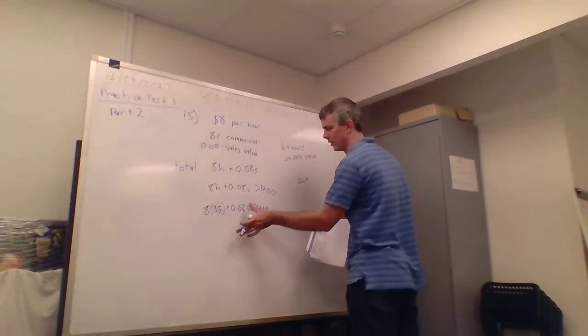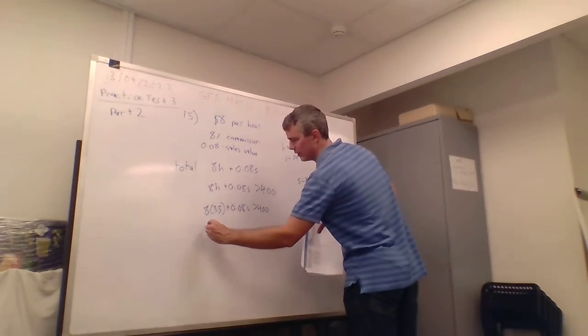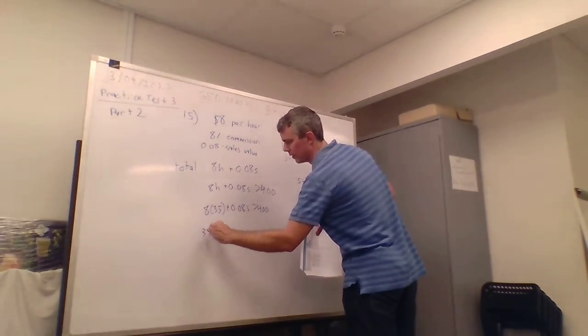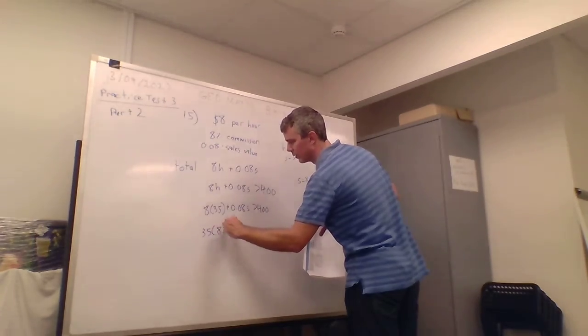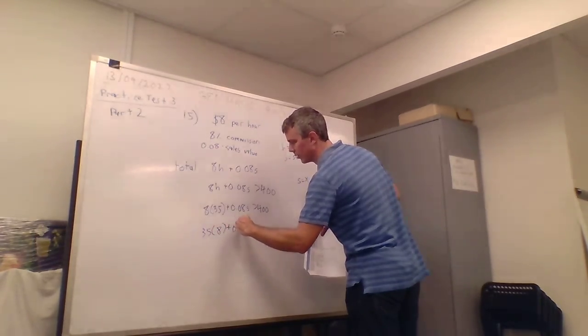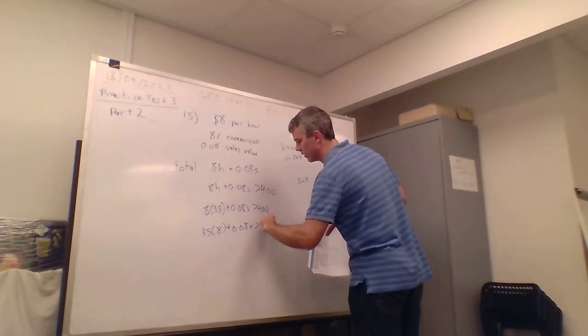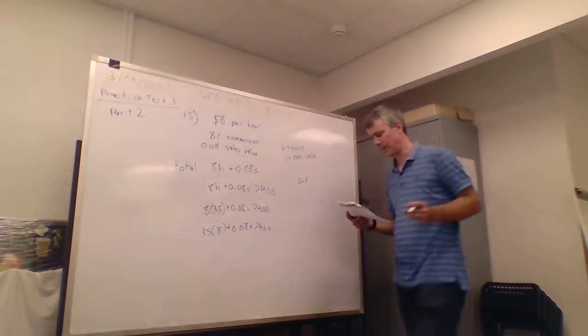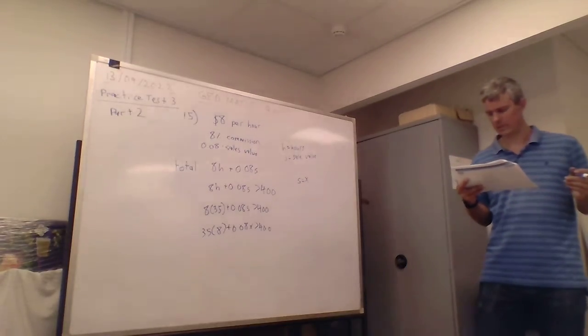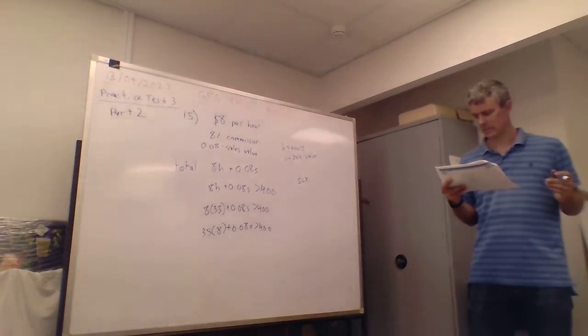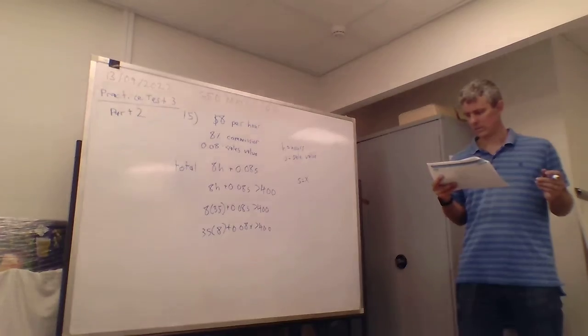So I'll just put 35 times 8 plus 0.08X is greater than 400. Is that any of the ones we have? I think B or... looks like D.